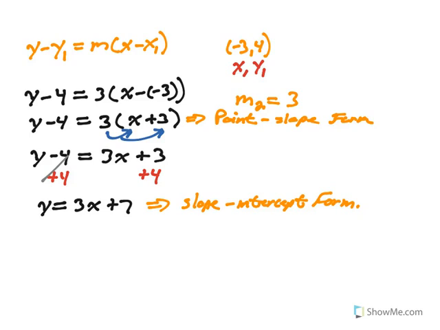They'll ask, what is it in point-slope form, then what is it in slope-intercept form, and that just requires a little algebra to manipulate the equation to get it to look like the form that you want. And that's the answer for that. y equals 3x plus 7. That line is perpendicular to our original equation, x plus 3y equals 20.